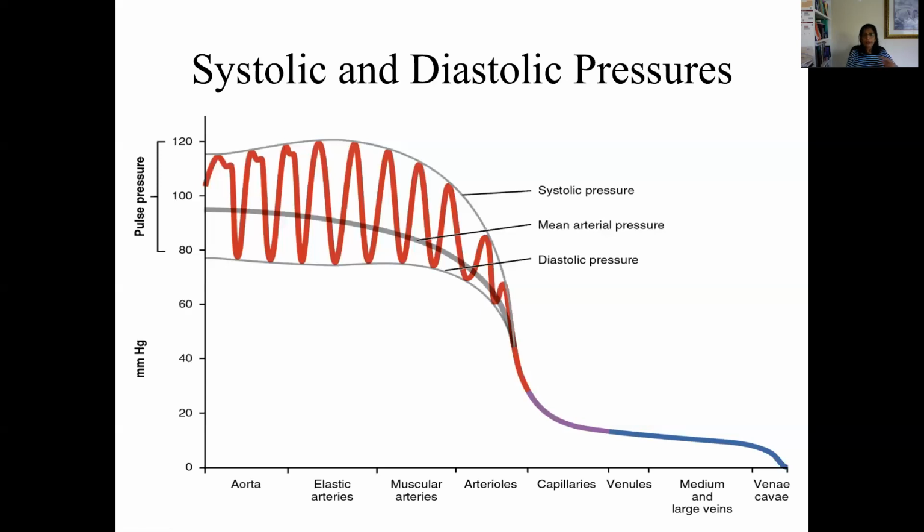So the fluctuation that you see in pressure, systolic and diastolic, is pulse pressure. Now, the last one we want to understand is the mean arterial pressure. All right, mean arterial pressure is more or less a constant value compared to systolic and diastolic fluctuations. You see how you move from 120 to 80. You don't see that in mean arterial pressure.